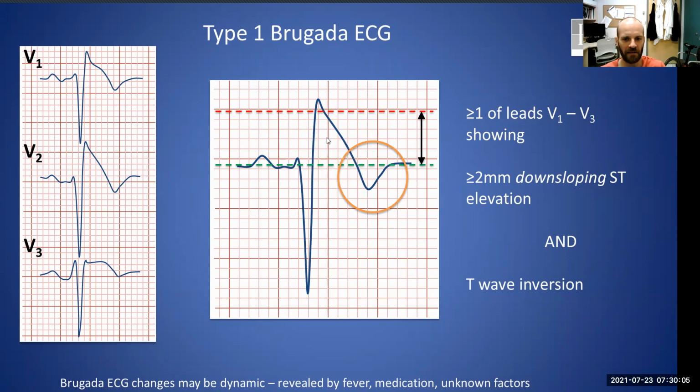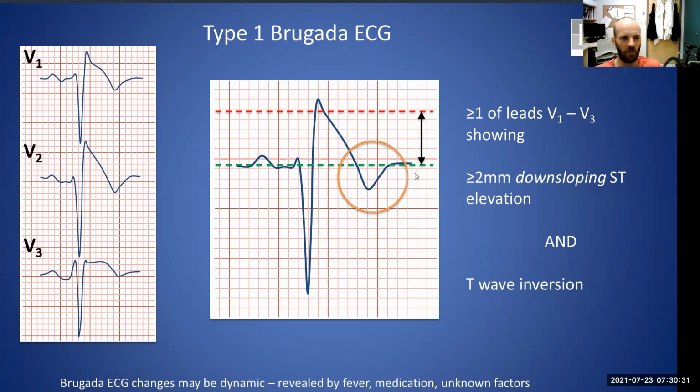In this type 1 pattern, you also have T-wave inversion. So if you're going to be precise about the definitions for these things, there's got to be at least 2 millimeters, so 2 small squares worth of ST elevation in at least one lead from V1 to V3 that's downsloping and associated with T-wave inversion.